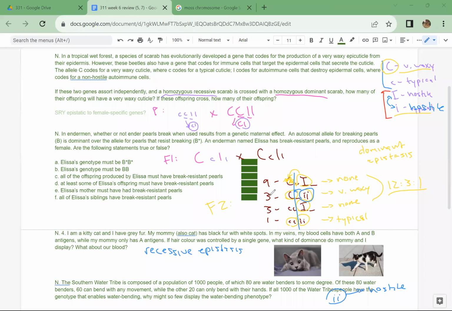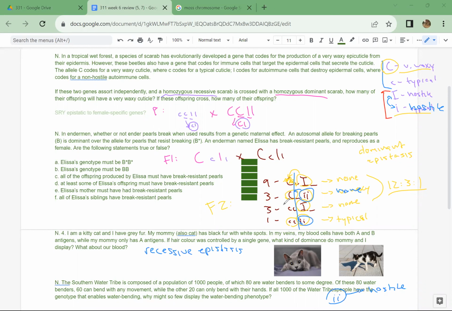So it is only in the case of these three individuals where no matter what happens at this locus, we produce autoimmune cells that destroy epidermal cells, which prevent the creation of any cuticle. And the same thing happens here.